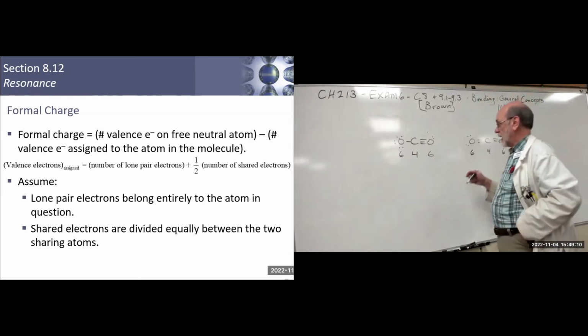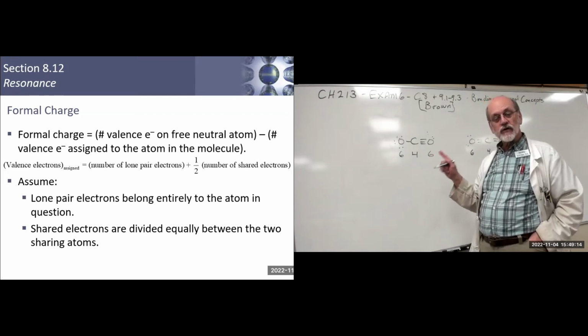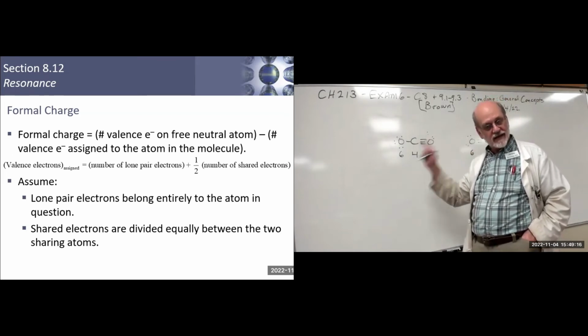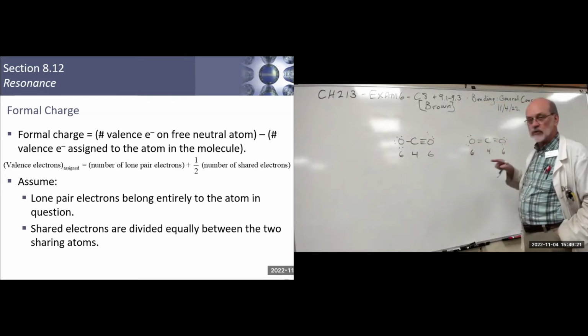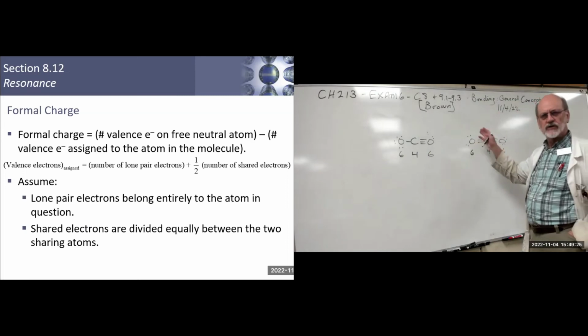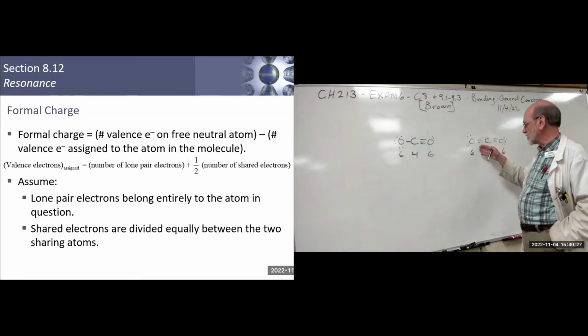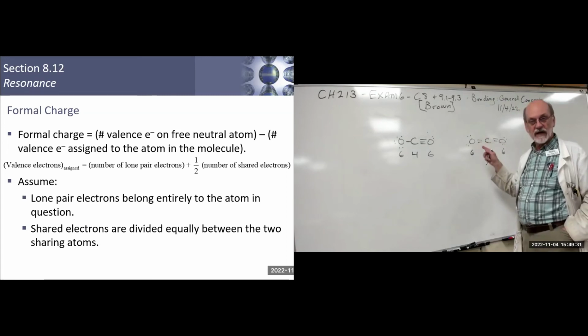If there are any lone pairs or free electrons, those go all the way. They're assigned to that atom and none other. So this one has 2 pair, 4 electrons. And for any bonds, it gets half of the bond.